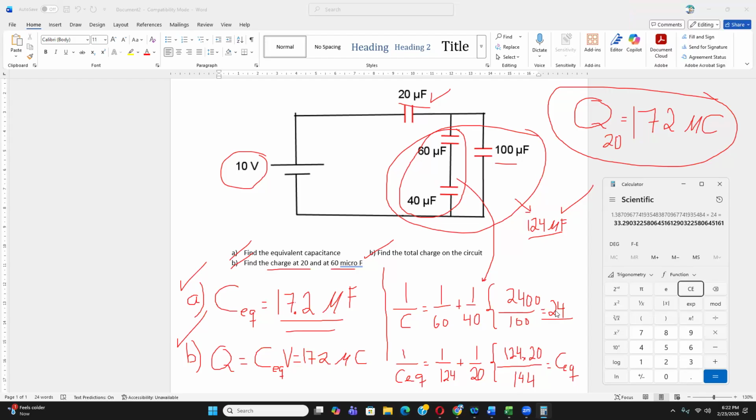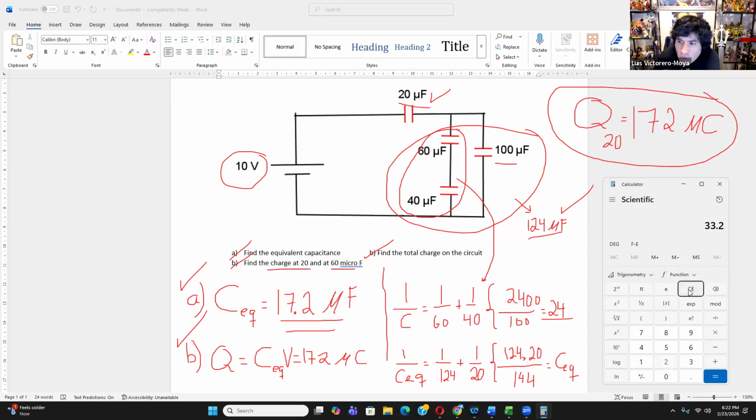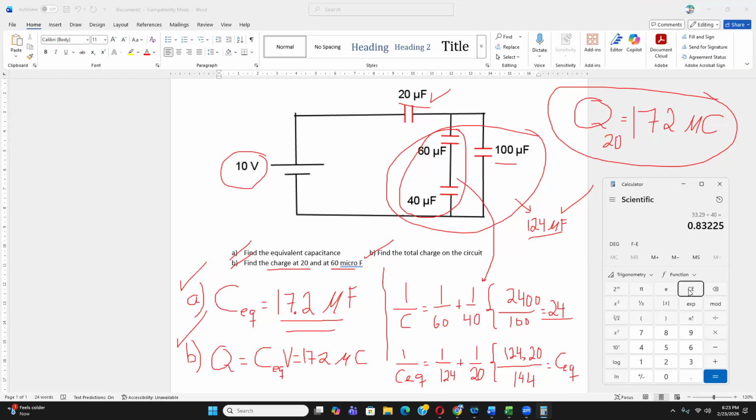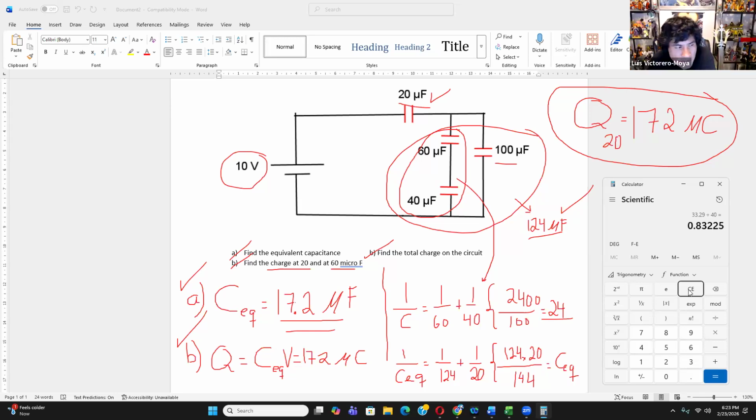So if you want to find the voltage on 40, for example, it will be 33.29, that's Q, divided by 40. That's the voltage on 40, 0.83. And what is 33.29? That was the charge on 60 and 40.